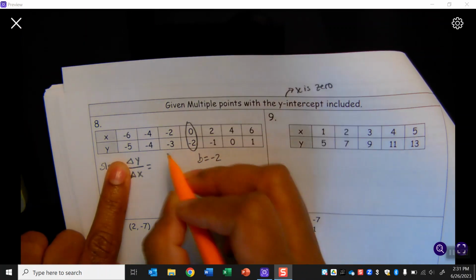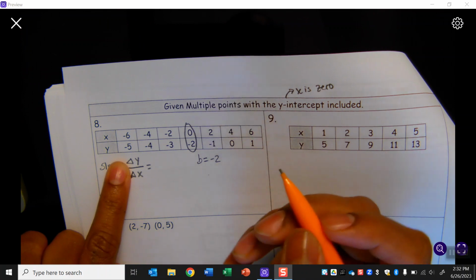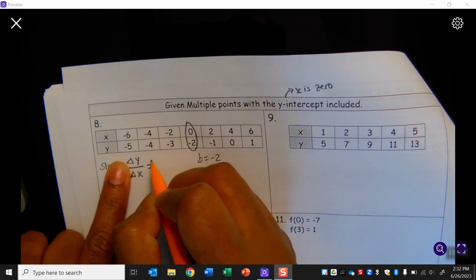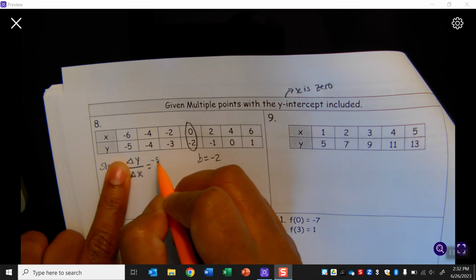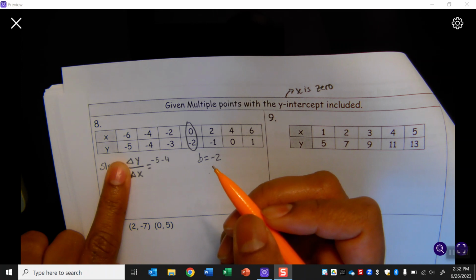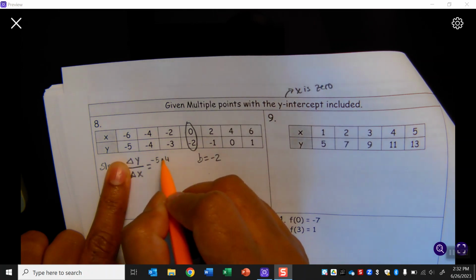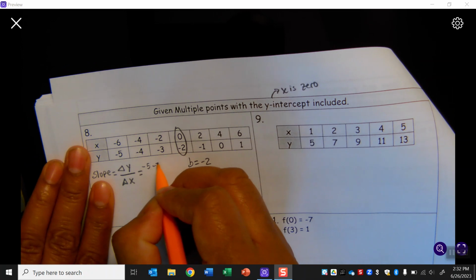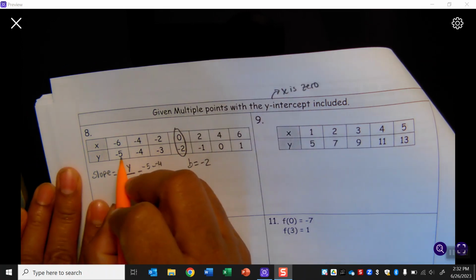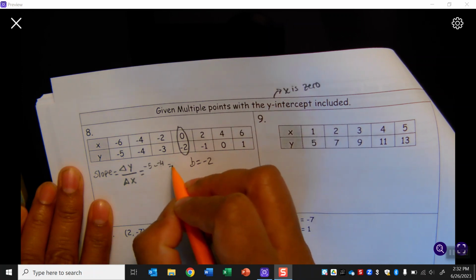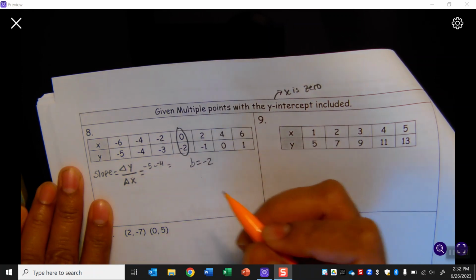In the y column, you can pick any 2 numbers. So how about, I'll just pick these 2. So you can just do the change in y, so -5 minus -4, sorry. Or you can see that it just went up 1.